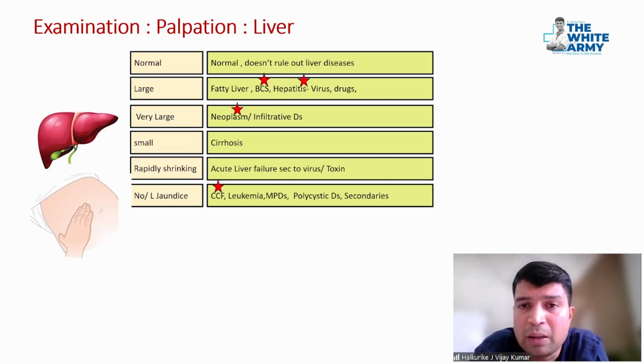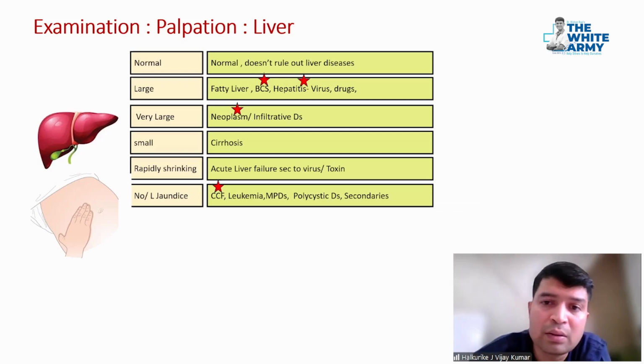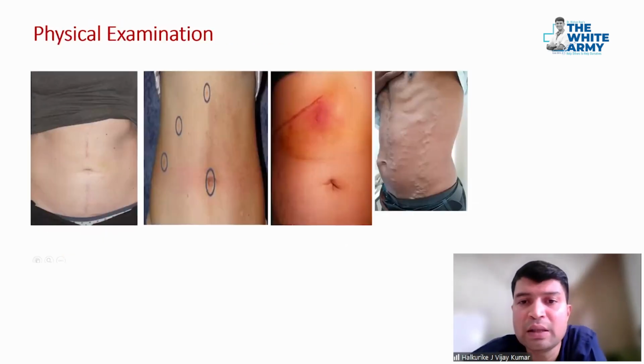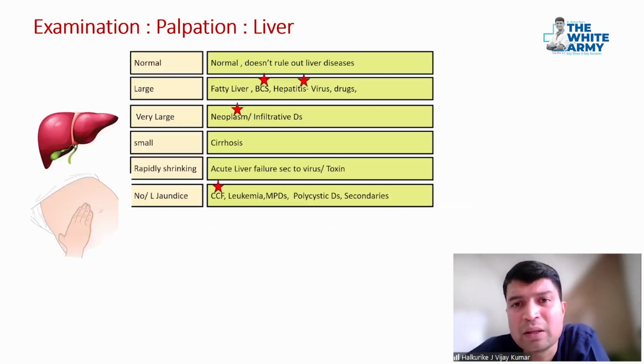Another important thing in palpation is the presence of a painful liver. Certain conditions indicate a painful liver. It may be part of hepatitis, where the inflamed liver is stretching, which causes acute pain. Budd-Chiari syndrome is hepatic venous outflow tract obstruction. The venous outflow tract gets obstructed, the veins get blocked; that is known as Budd-Chiari syndrome.